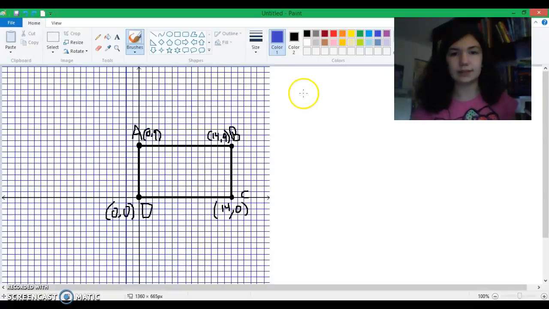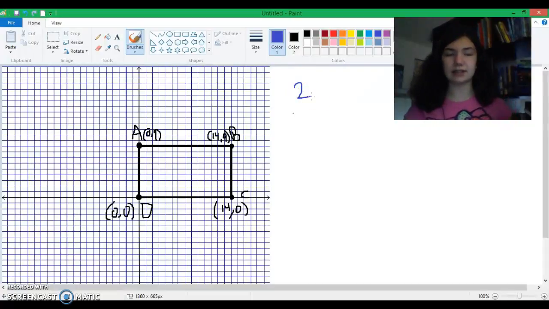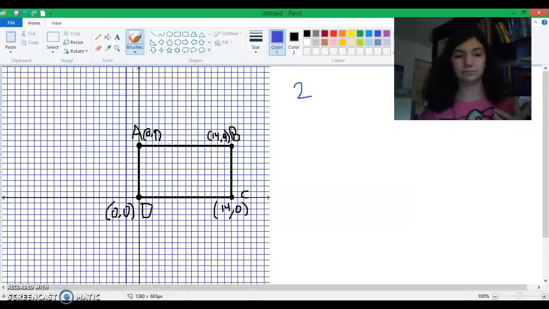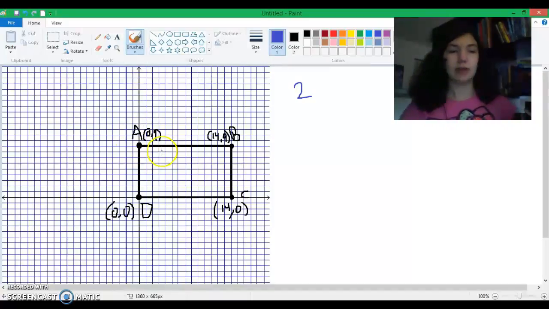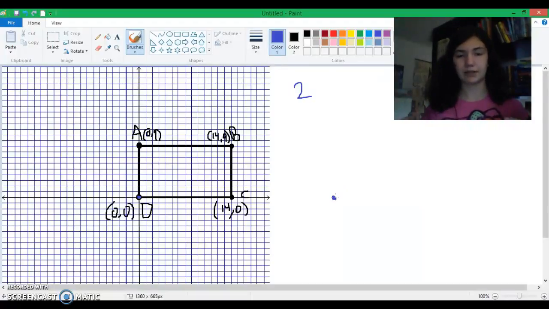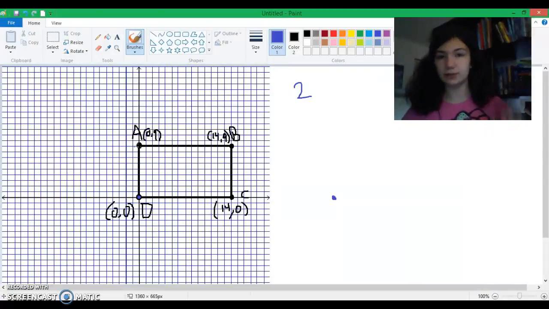Now let's say the scale factor is 2. The scale factor is now 2, so now we multiply each coordinate by 2. And so, again, 0, 0. 14 times 2 is 28. That would be somewhere right here. I'm sorry that my grid isn't very big. I couldn't find a grid big enough to copy onto this program. Alright, and then 9 times 2 is 18.